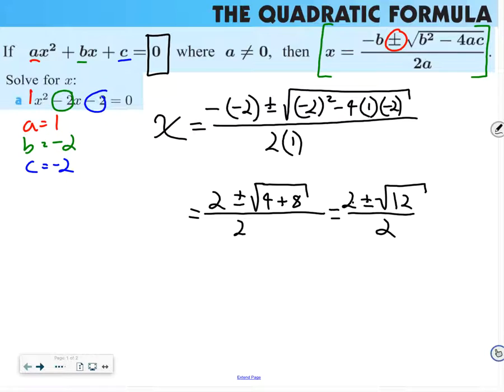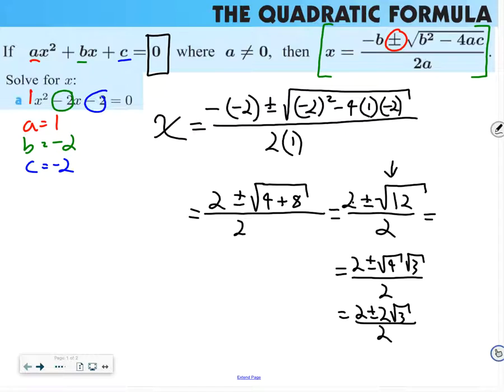I could put this into my calculator and get some decimal expansion, or I can also simplify this radical a little bit more and get a nicer fraction, because the square root of 12, I know it has a perfect square of 4 in it, so I can write this as the square root of 4 times the square root of 3 over 2. The square root of 4 is 2, times the square root of 3, divided by 2.